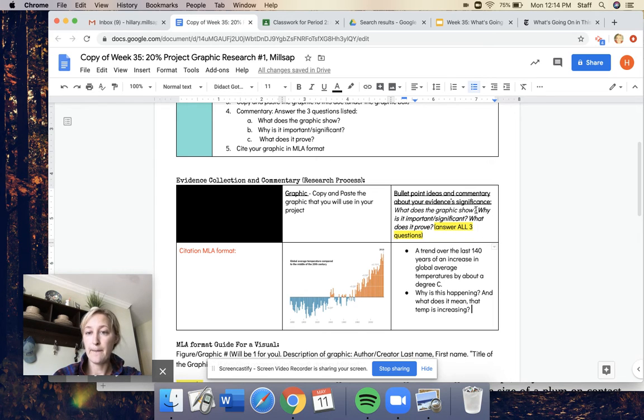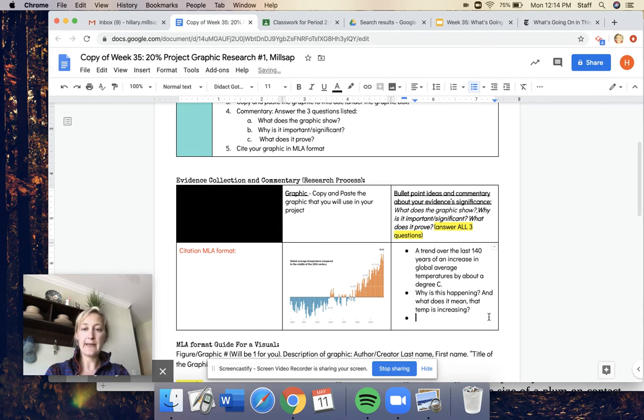It also might be important because I can look up what a 1 degree temperature increase means, and I can find research. And I know this because I've heard it on NPR recently. I can find research about why that is bad for the earth, that the global temperature is increasing. Some of you who are doing your projects about the ocean have already mentioned in your research the water temperature impacting marine life, like coral and fish, and how that can be problematic for people.